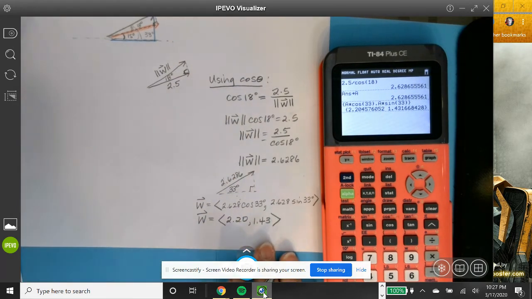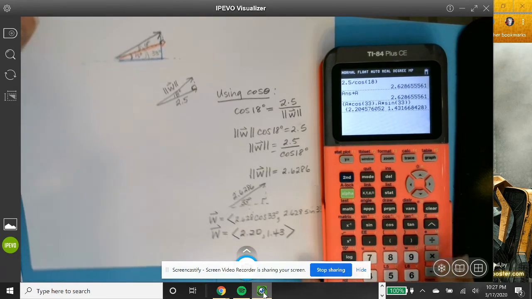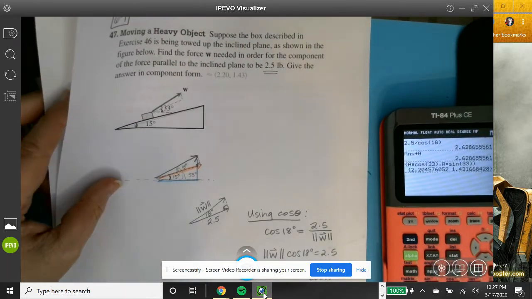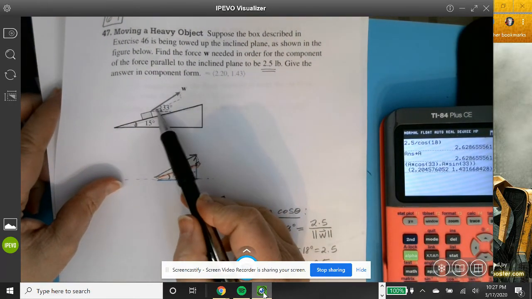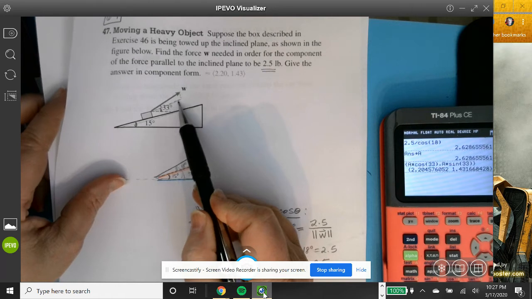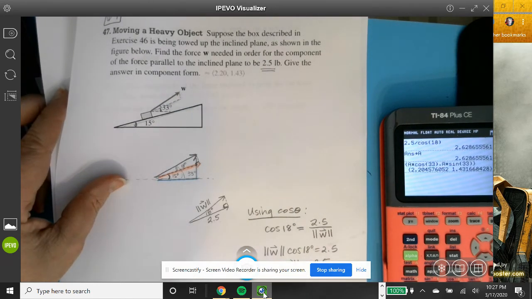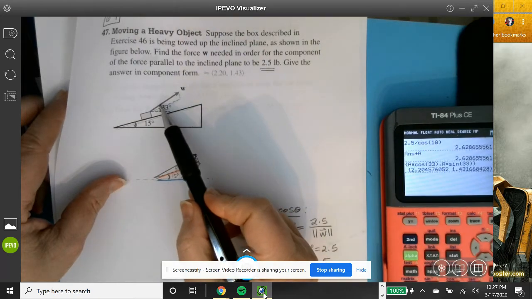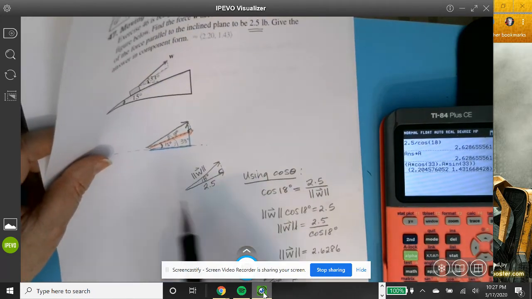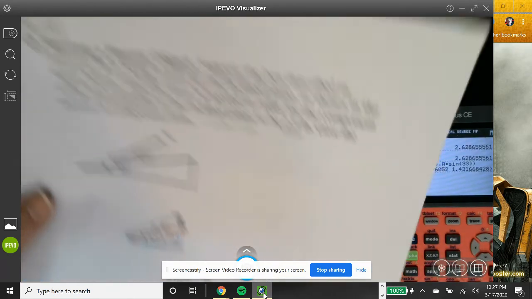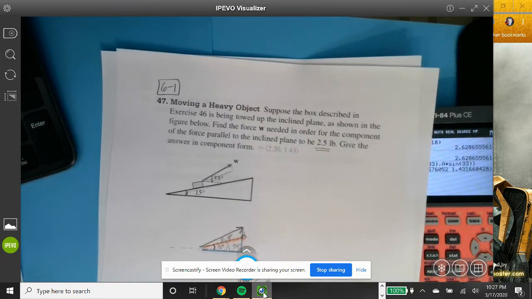Okay? All right, so that's 6.1. The tricky part of that is knowing that they want the component part first that's parallel. So you've got to use this small angle in the right triangle. And after that, they just want you to go back to the straight up horizontal and use 33 degrees. All right. 6-2.